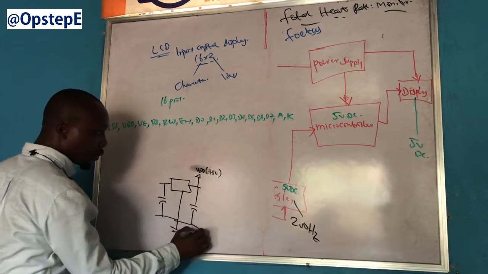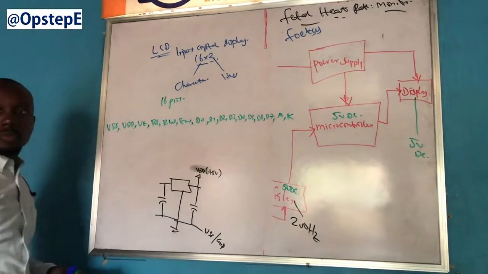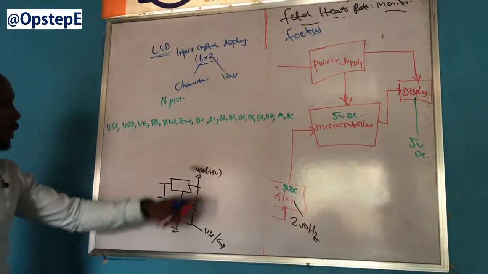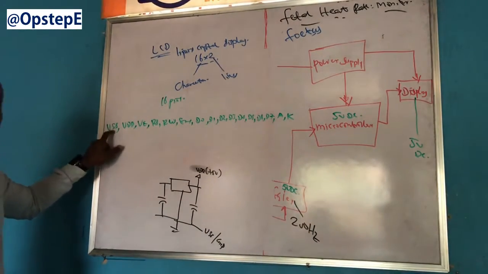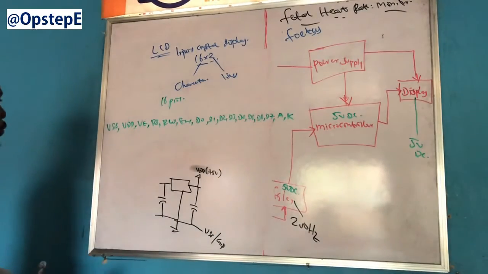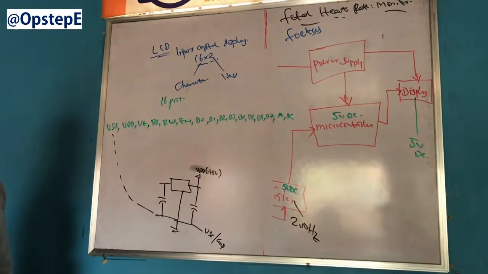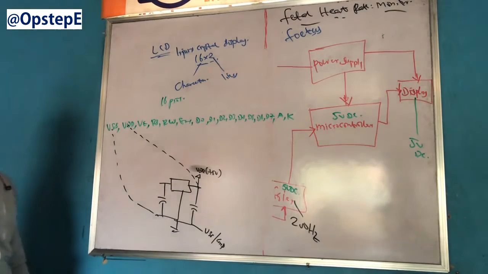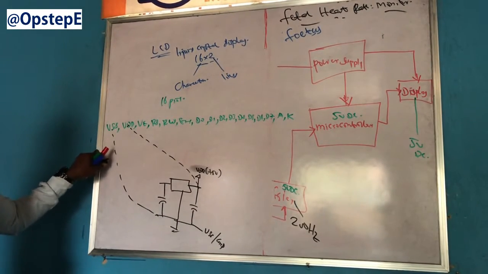And this point is your VSS, or ground. The first pin on the LCD, VSS, goes to the negative side of your supply. So I'm going to connect this to this place. Now the VDD comes in. Does it make sense? So that has taken care of the first 2 pins.